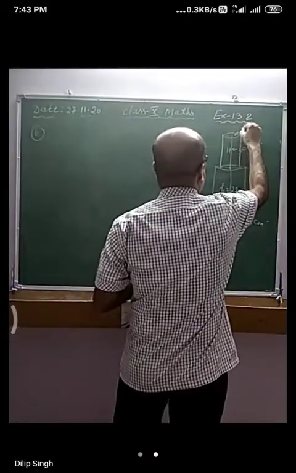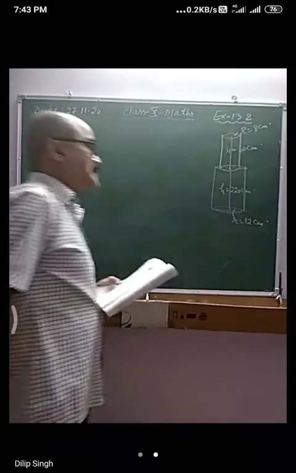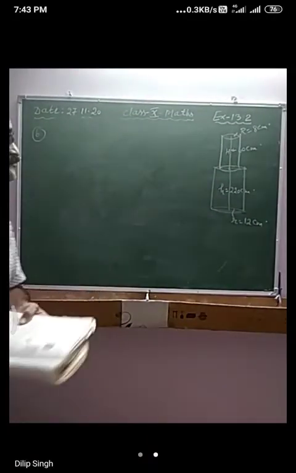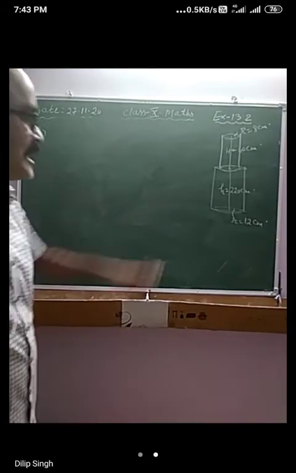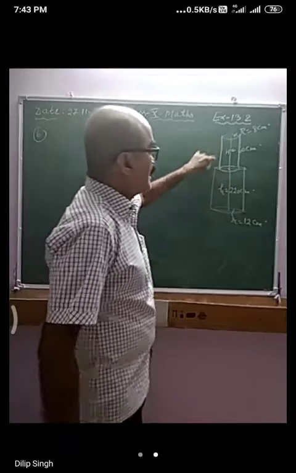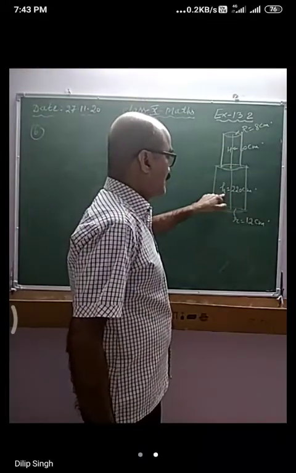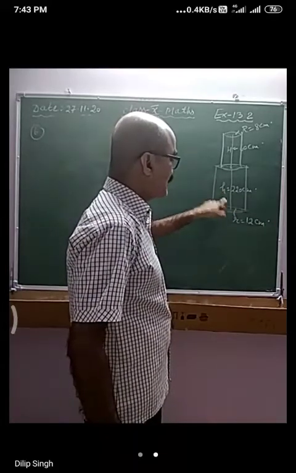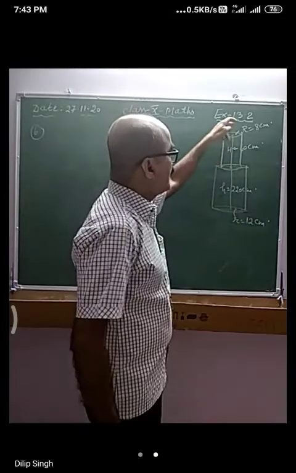So I am taking capital R, 8 centimeter, because both the cylinders are having different parameters. दोनों की height अलग अलग है and both are having different radius. So we'll take different variables. For this I have taken small h and small r and capital H and capital R.